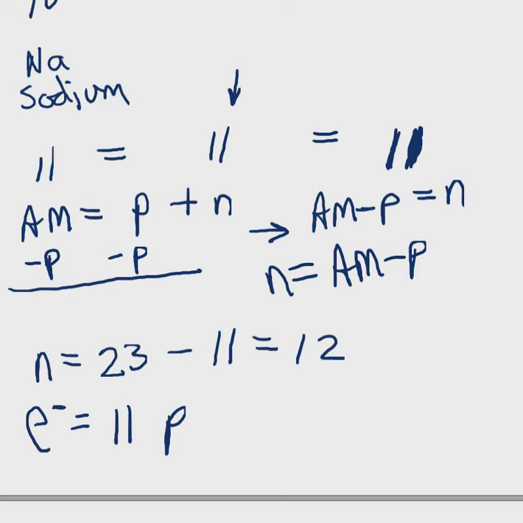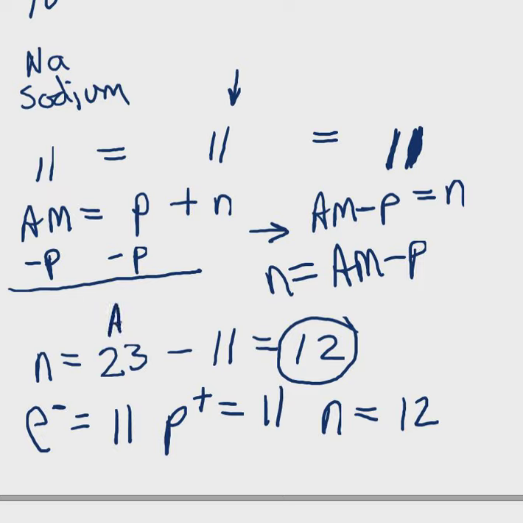Protons for sodium equals 11. The neutrons, based on the formula that we worked, again is equal to 12. And we work that this way: you take your atomic mass minus the number of protons, and that will equal 12.